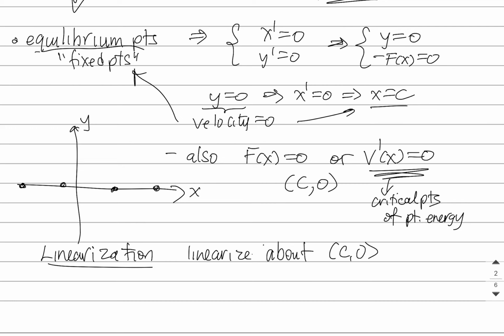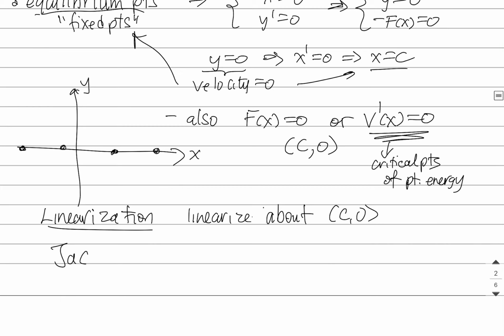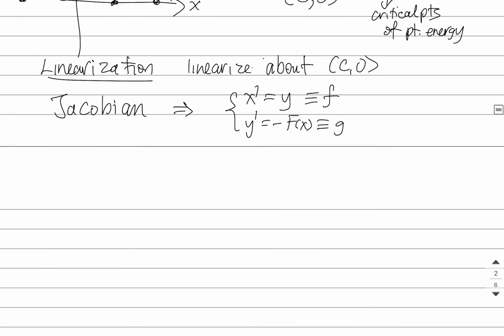Now, to do that, what we're going to need is the Jacobian. And the Jacobian requires us to interpret this system here that we've got. X prime is y. This thing is going to be what we call f. Y prime is negative capital F of x. This is what we're going to call g. And so the Jacobian at our points x and y is going to be these partial derivatives in here.